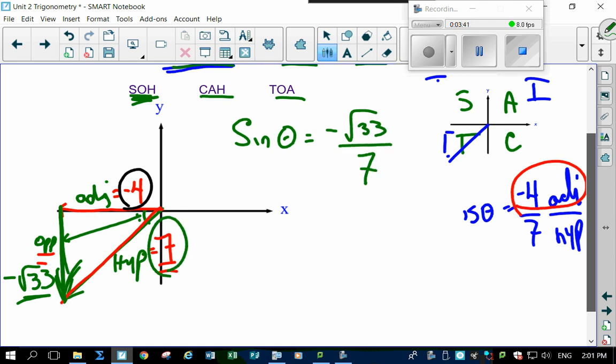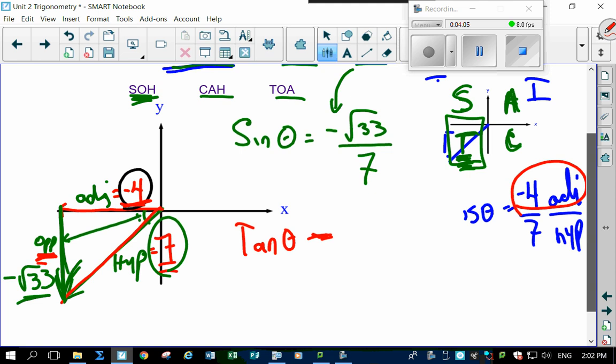And we said in the original, add sugar to coffee. We said sine and cosine are going to be negative because tangent's going to be the only positive one. Look at that. It, in fact, is negative. Neat. Now let's do tan theta. Tan theta, remember, is the opposite over the adjacent.